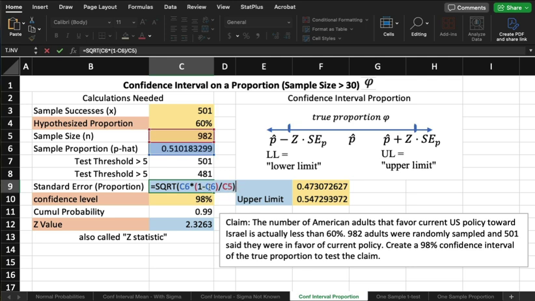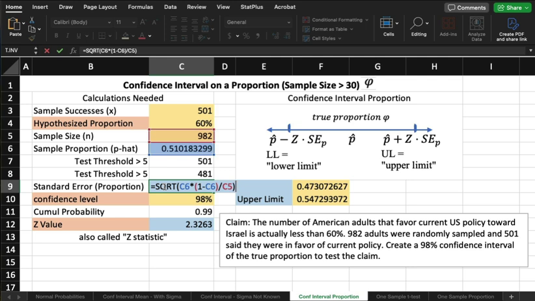So you've got parentheses inside of parentheses here, so just be really careful how you type it in. The innermost set of parentheses is around the 1 minus C6. That gets multiplied by C6, and then that whole thing gets divided by C5. And that entire calculation there, we just need to take the square root of it.